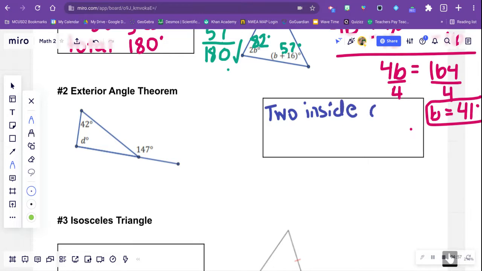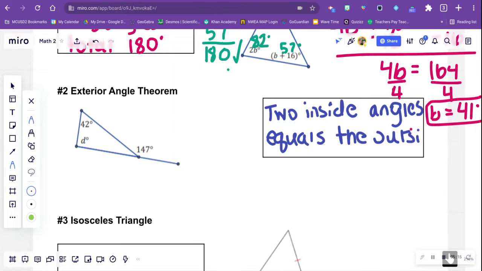Two inside angles is going to equal the outside. But again, you really don't need this.